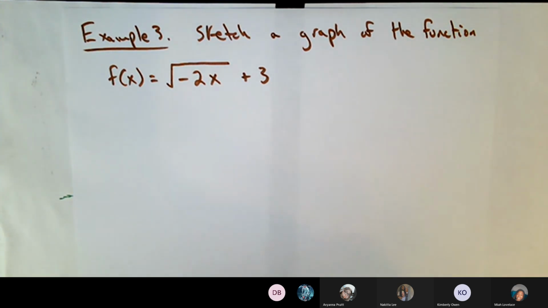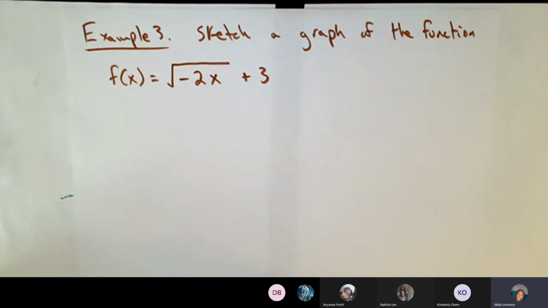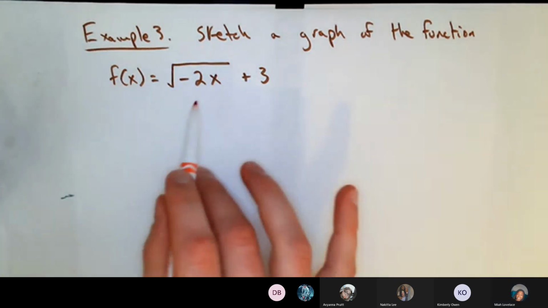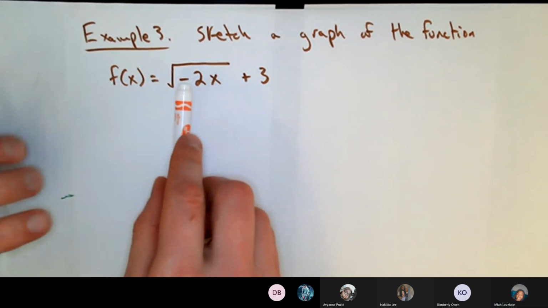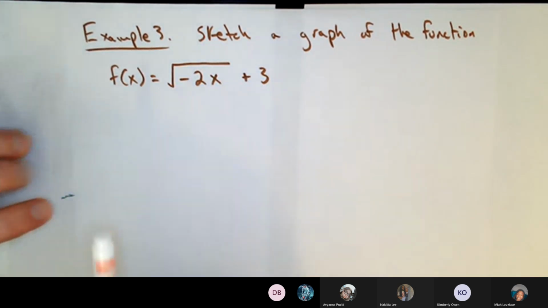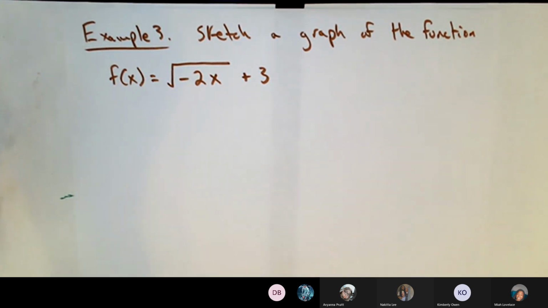All right, so Maya, what is the base function for this thing? Will it be 3? Well, the base function should involve x, right? So when you're identifying the base function, you're taking away all the extra operations.